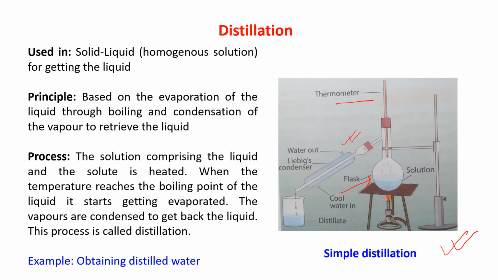Now we are heating it from here. As the thermometer reaches 100 degrees centigrade, the vapor of the water will start coming out. As the vapor comes out, it will come from this path and enter from here, and this is a Liebig condenser.